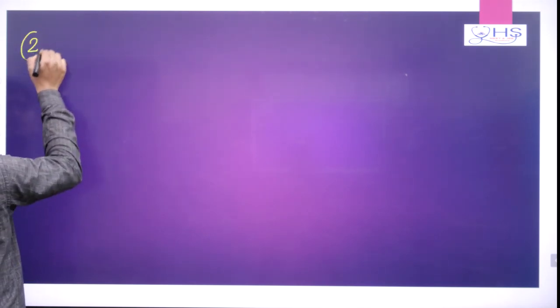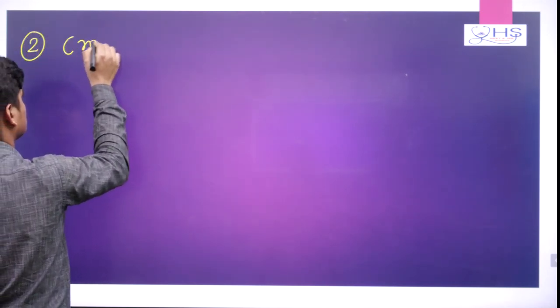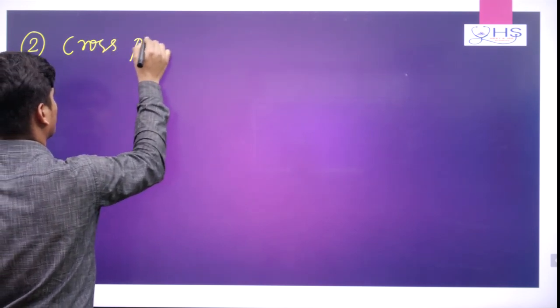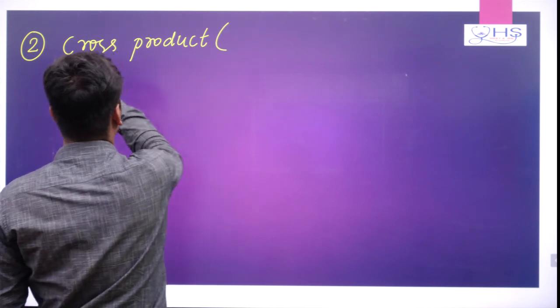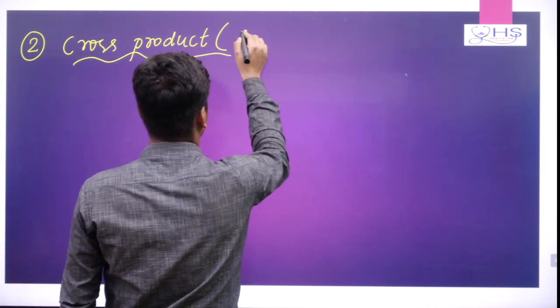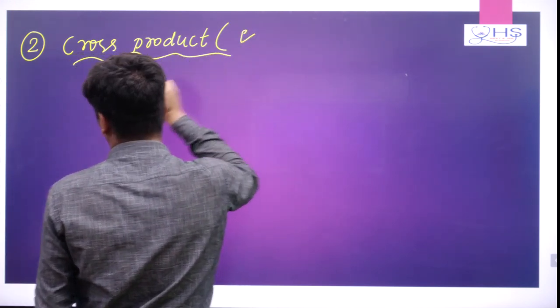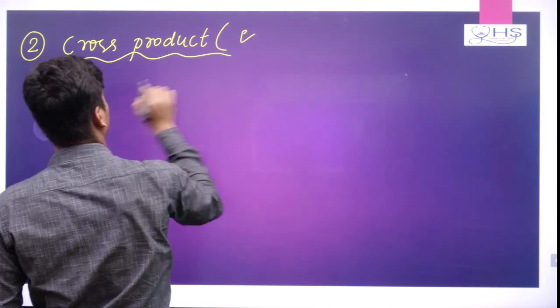So number 2, write here: cross product. Cross product is also called the vector product.